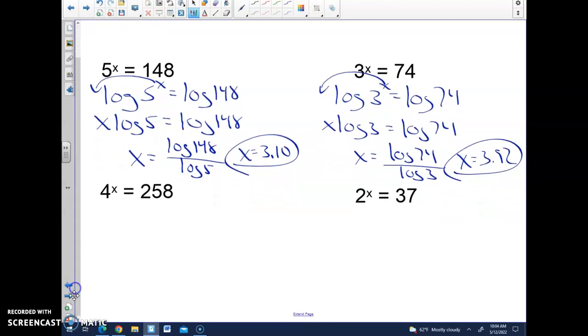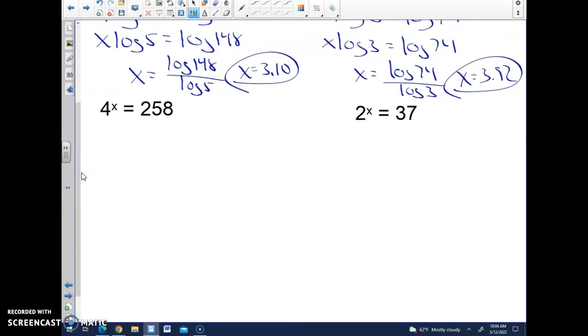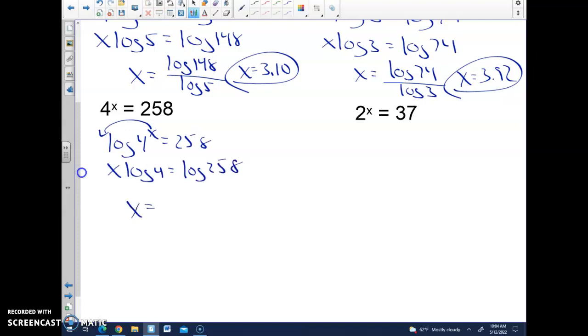Down here, log 4^x equals 258, and I swing that x to the front, and my answer ends up being x equals log 258 over the log of 4.